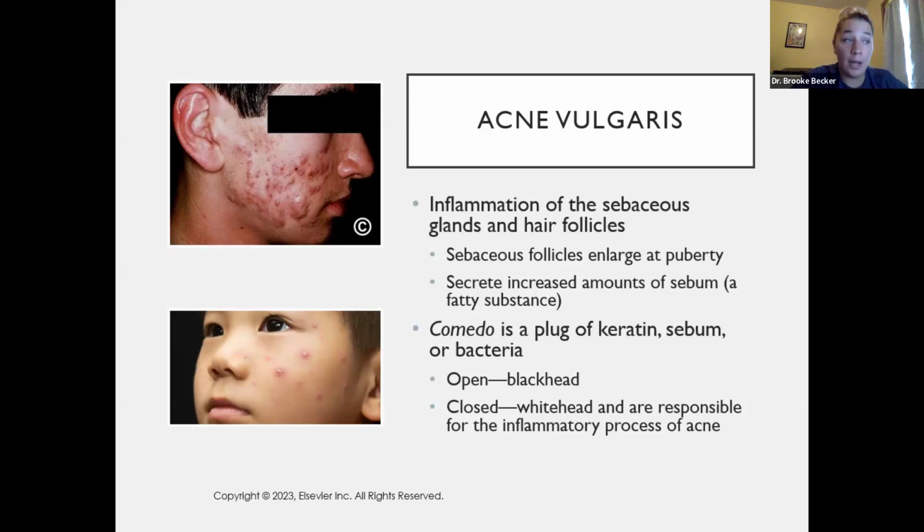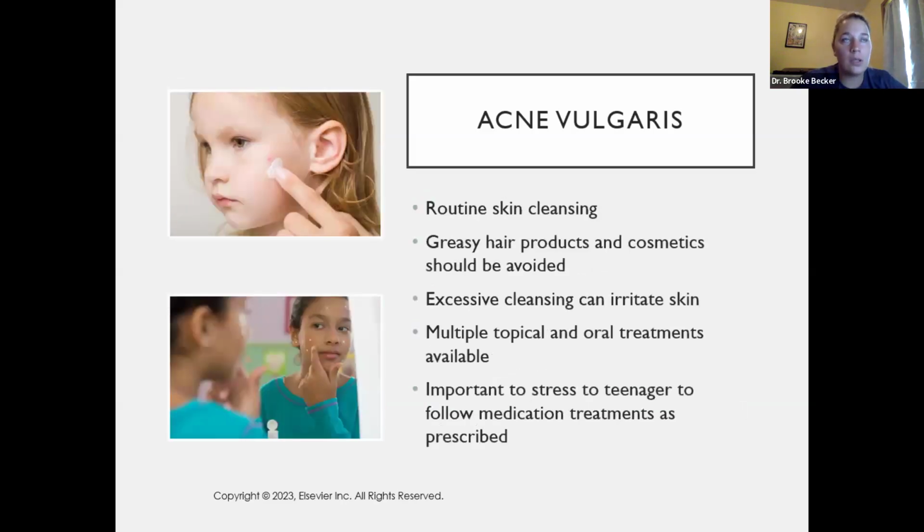So a comedo is a plug of either keratin, sebum, or bacteria. So an open comedo is a blackhead, okay? And then a closed comedo is a whitehead, like those pustules that you'll see, okay? Closed comedo acne is probably the most common.